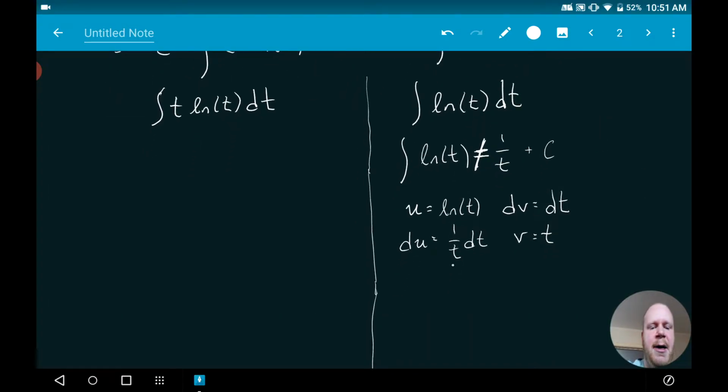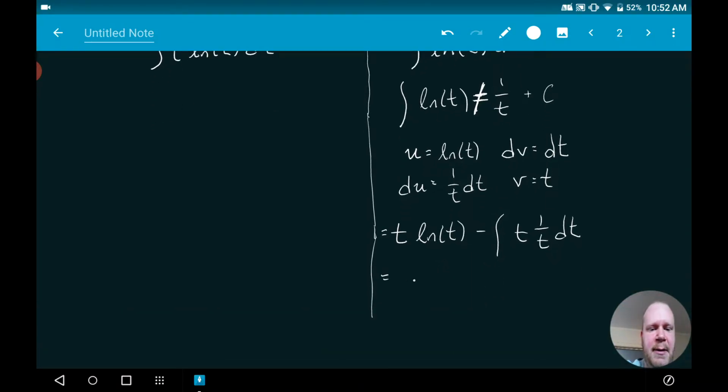So when I write out my equation, uv minus integral of v du, I get u times v, which is t times natural log of t, minus the integral of v du, and that works out very nicely.